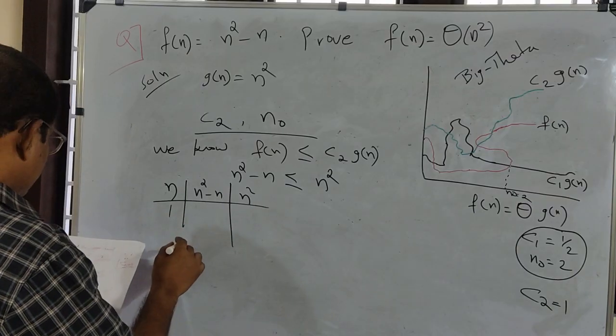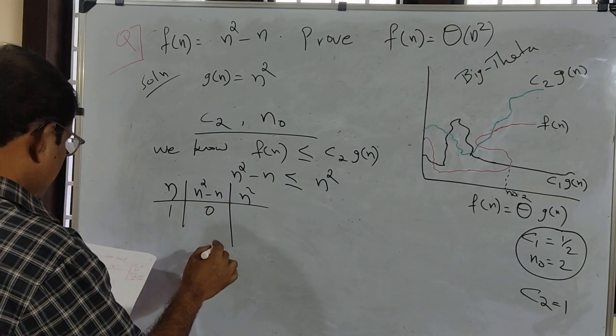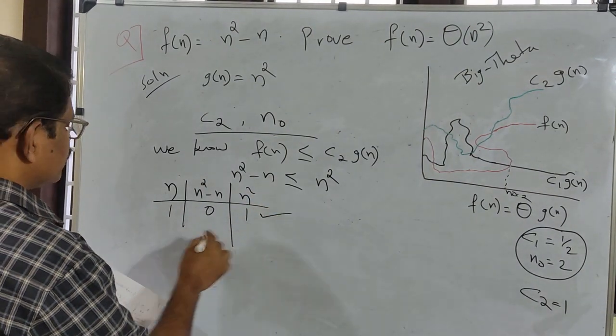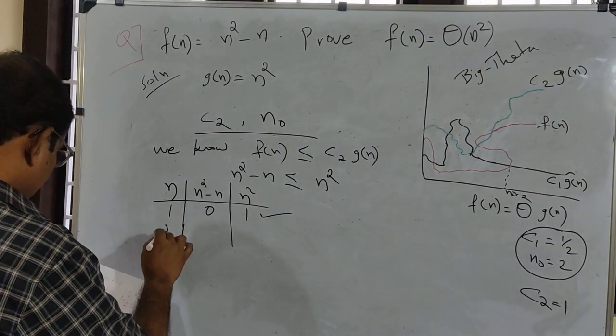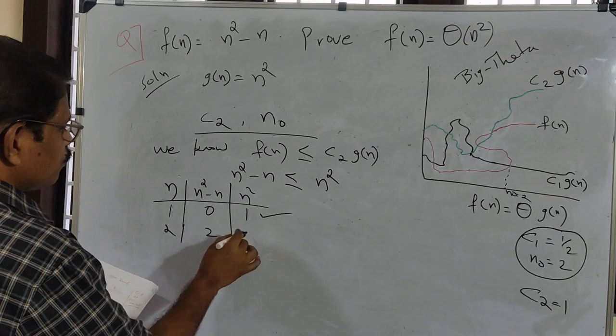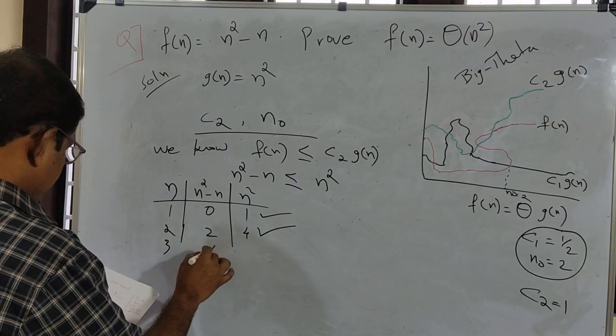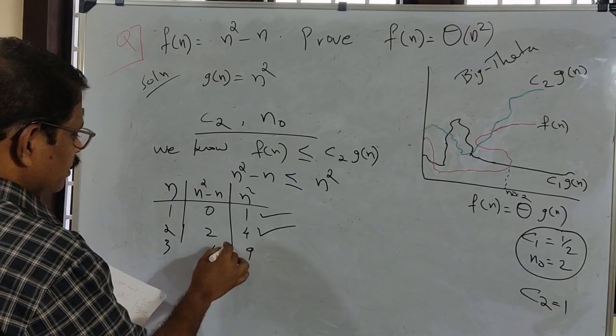N is equal to 1, this is 0 and this is 1. N square is greater than or equal to, okay, this is correct. When n is equal to 2, this is 2 and this is 4, okay, this is also correct. When 3, it is 6 and this is 9.